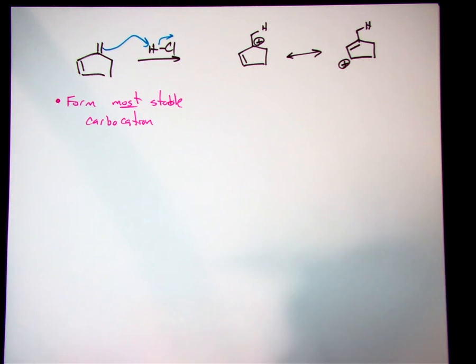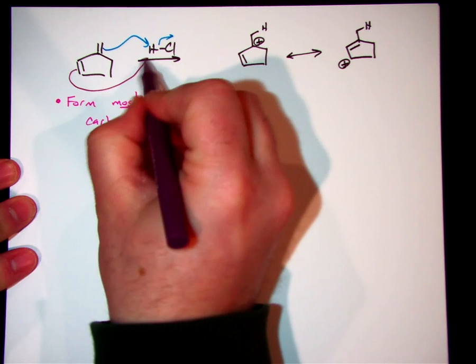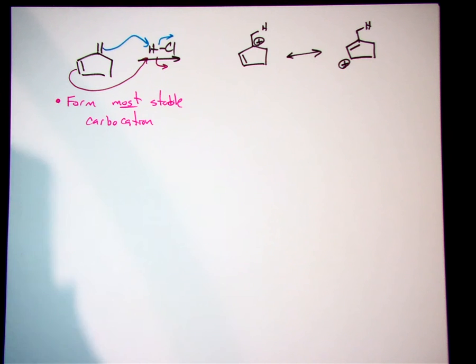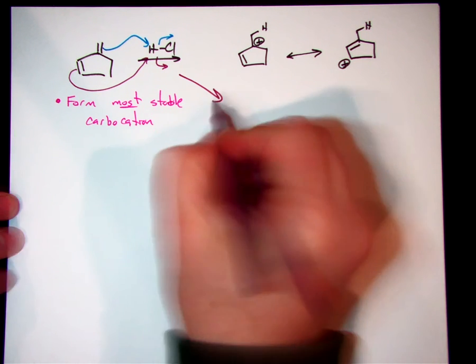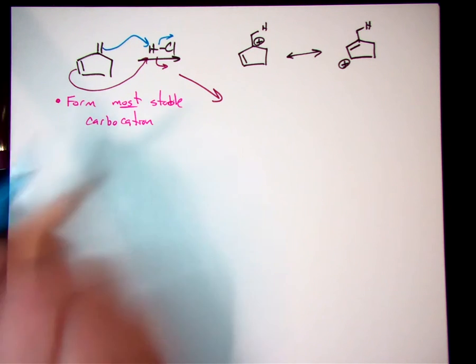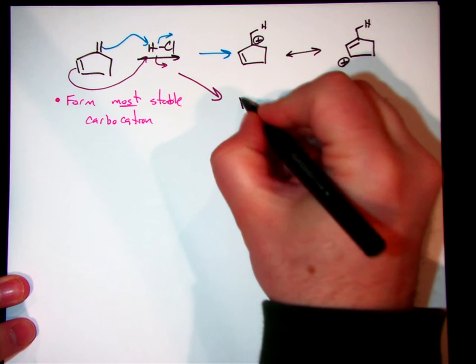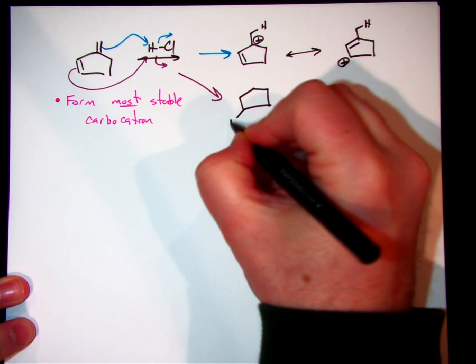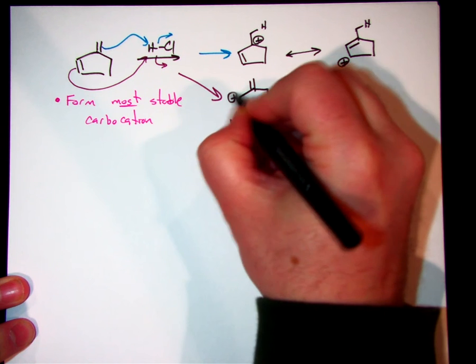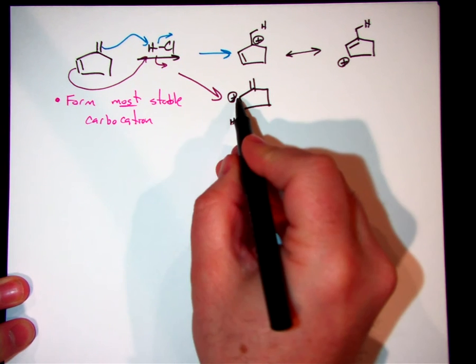The other option is to protonate this position. So the purple route versus the blue route. And if we do that, put the hydrogen here, and we have a carbocation here. This is a secondary position.